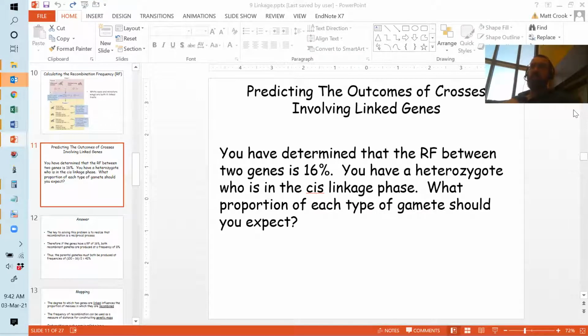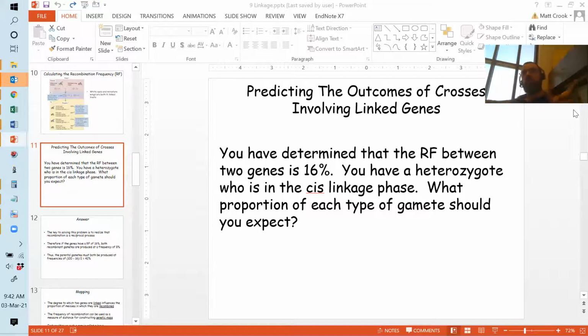However, it does make a difference in terms of what the recombinants will look like, versus what the parents will look like. You can't assume that. You have to work that out from the recombinants or from the parentals that are in excess.